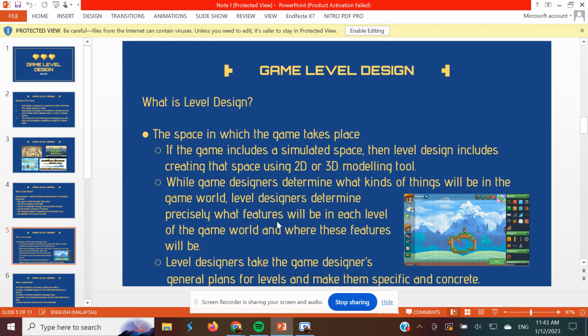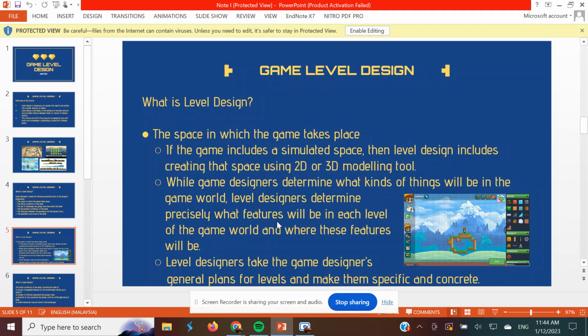Level designers take the game designer's general plans for levels and make them specific and concrete. So you must keep in mind what it takes to design the levels and what makes them specific and concrete.